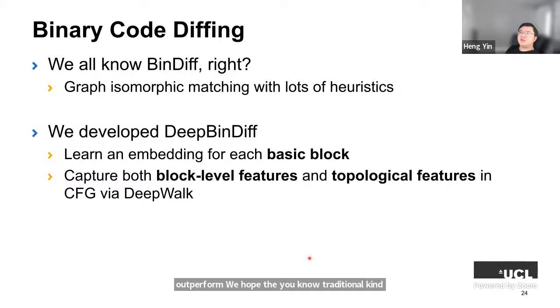So the idea we had is that we learn this embedding again for each basic block, and we would like to capture both intra-block features and inter-block features, which is topological features in the CFG. So with this, a kind of network representation learning algorithm, of course there are a bunch of them, but here we use DeepWalk.